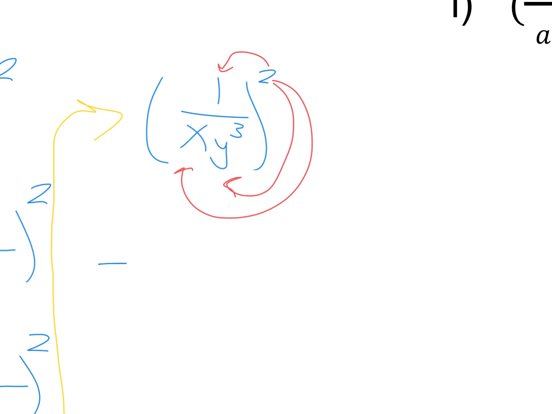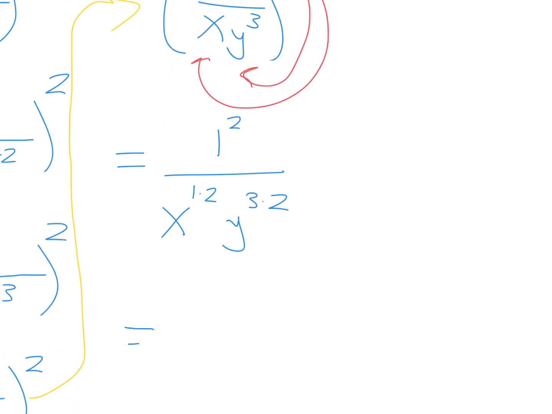So as I do this, I have a 1. And so if this becomes 1 squared, we'll see what that does in a minute. Then in my denominator, I get x to the 1 times 2 and y to the 3 times 2, because remember, this is just x to the 1. All right, so now we just got to simplify this.